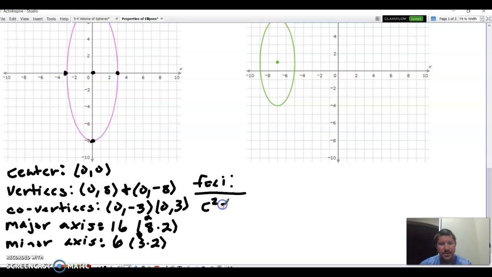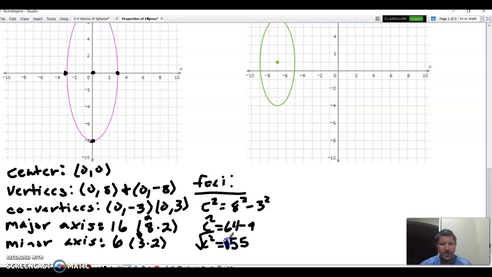So c squared is equal to 8 squared minus 3 squared, or 64 minus 9, or 55.